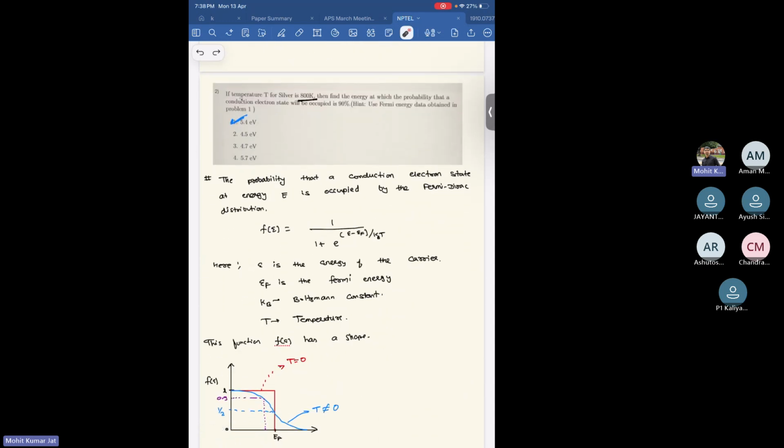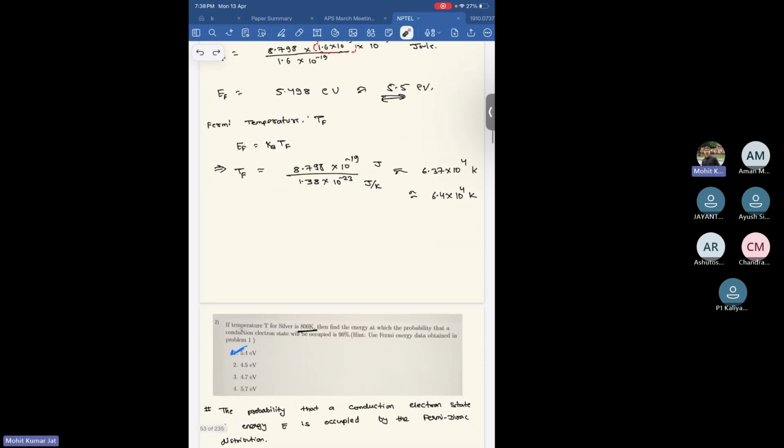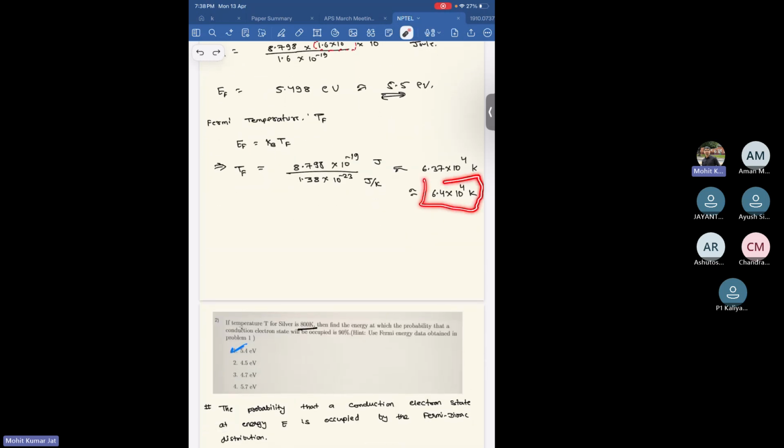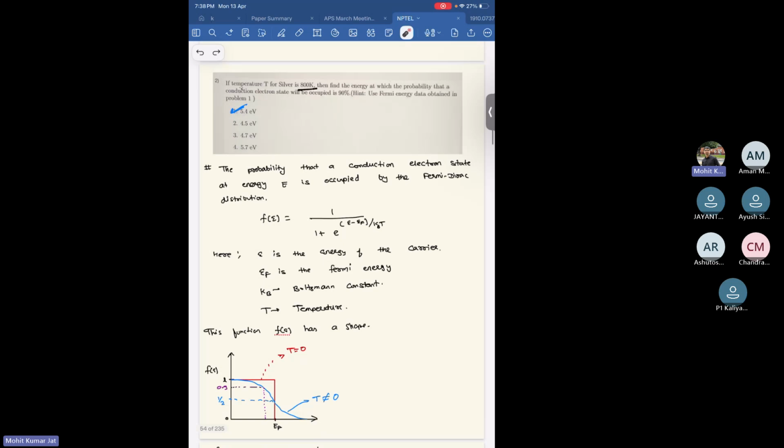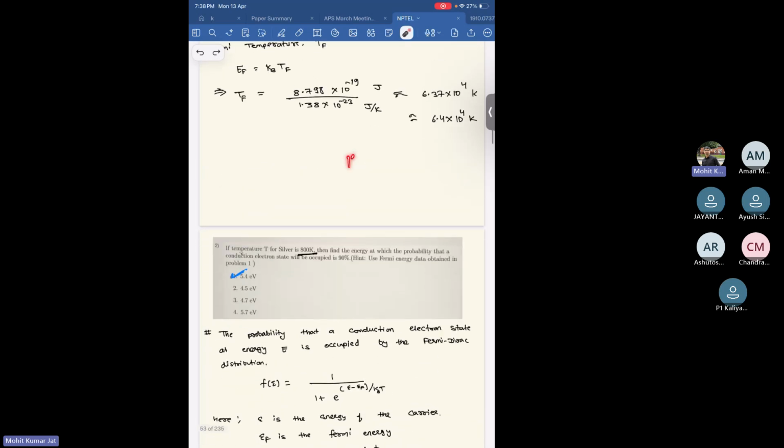That's why whatever effect you study, they are quantum mechanical effects. If you want to see the classical effect in the metals, you will have to go to the temperature of 6.4 into 10 power 4 Kelvin. Then you will see the classical effect. That's why quantum theory was needed to explain the K by sigma T, the disparity in the Wiedemann-Franz law, all those things.